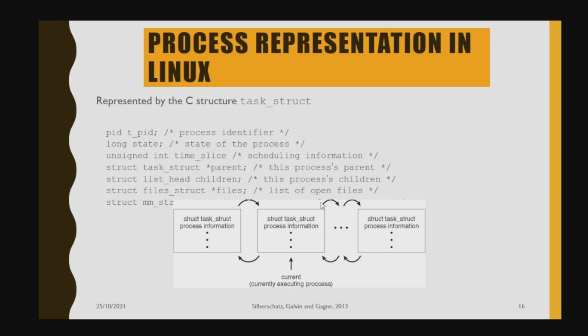This one is the active process, meaning the executing process. Then we have other process information here. So we have the currently running process here, and it will go to the next one.